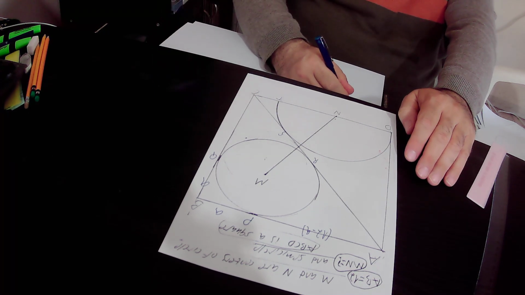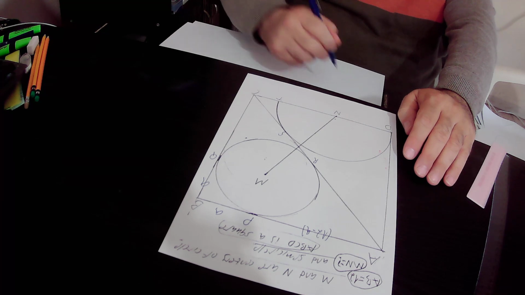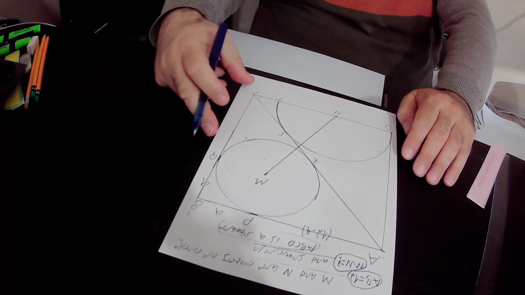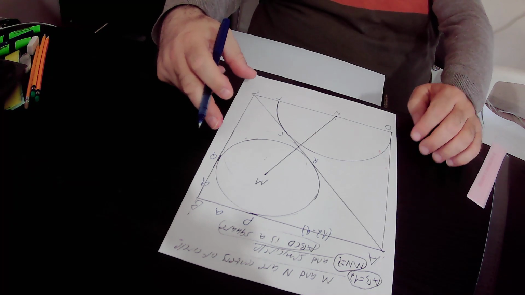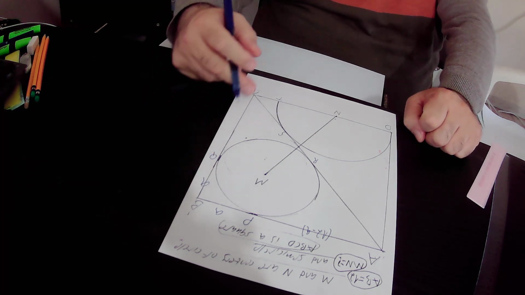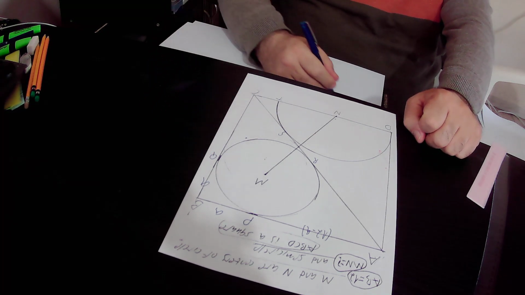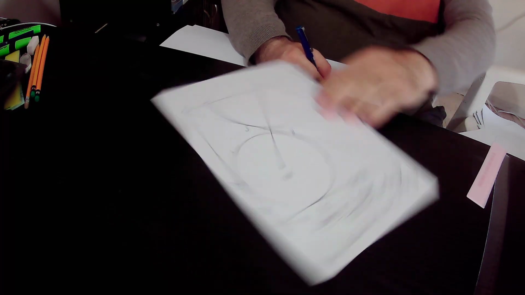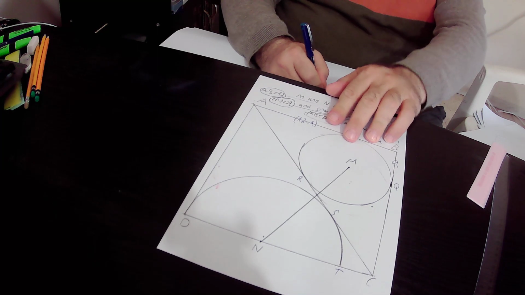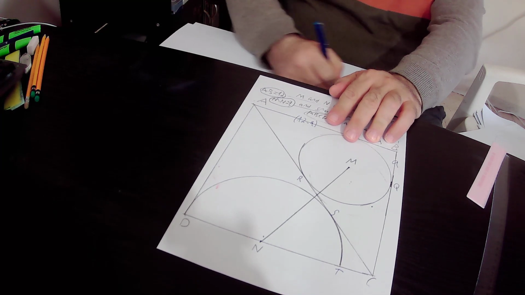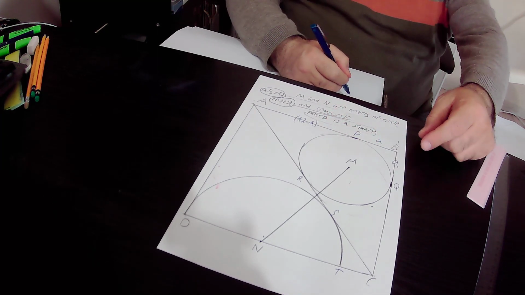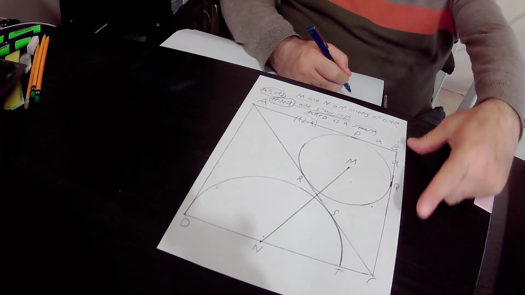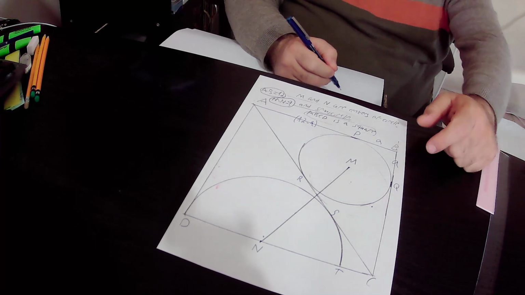Here it is very easy to see from the drawing that the length of line segment QC will be equal to BC minus BQ.